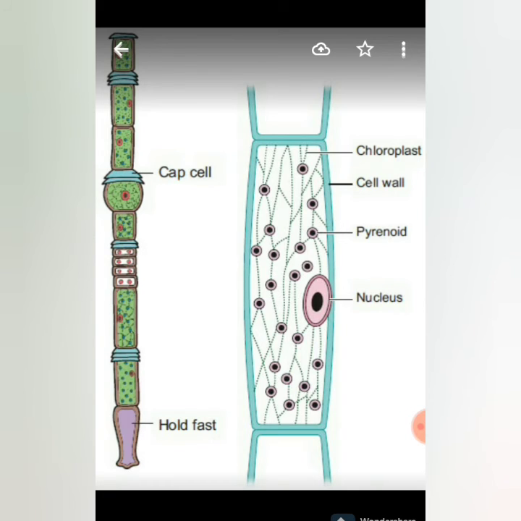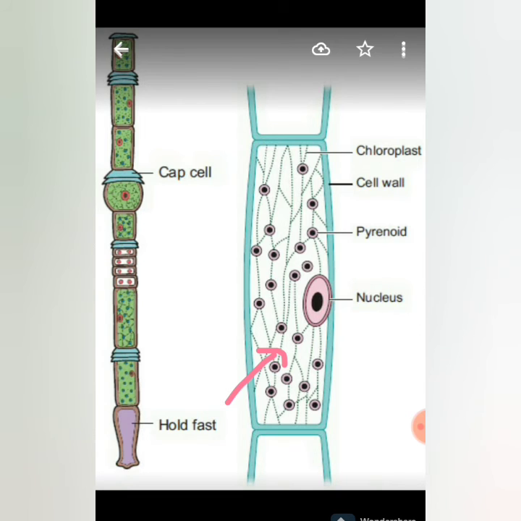Now, what is a cell sap? A cell sap is a fluid containing water and various other substances. So just remember, in this protoplast there are vacuoles which are filled with the cell sap, and the cytoplasm lies between the cell membrane and the vacuole.